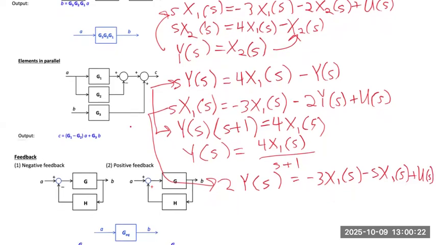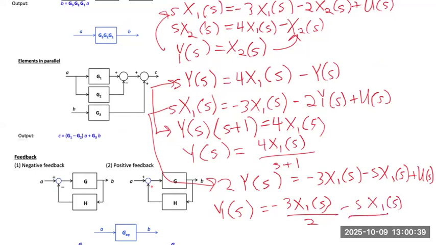And we divide both sides by 2, so y(s) is equal to negative 3x1(s) over 2 minus s x1(s) over 2 plus u(s).